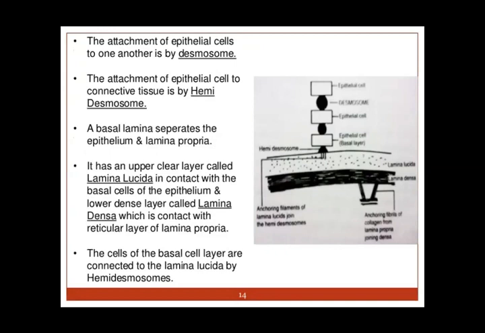The attachment of epithelial cells to connective tissue is by hemidesmosome. Basal lamina separates the epithelium and lamina propria.